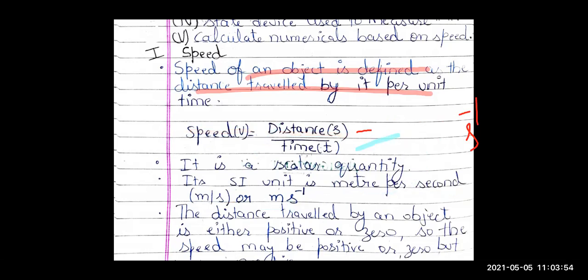Now children, we know that the distance covered by any object, if it has covered some distance, it will be positive. And if it has not moved, the distance will be 0. But the distance can never be negative, right? Because distance is again a scalar quantity. No direction is required for this description.